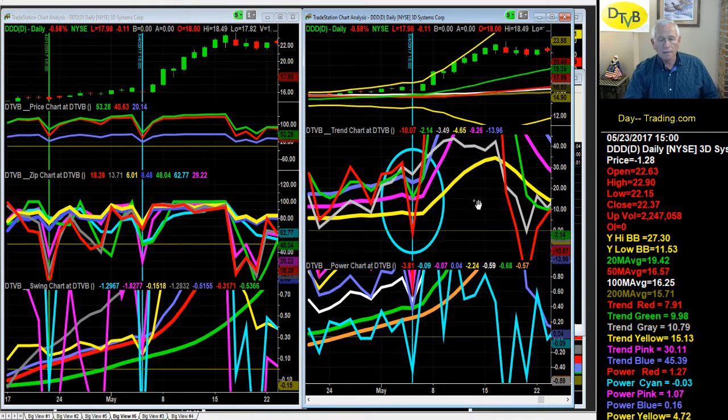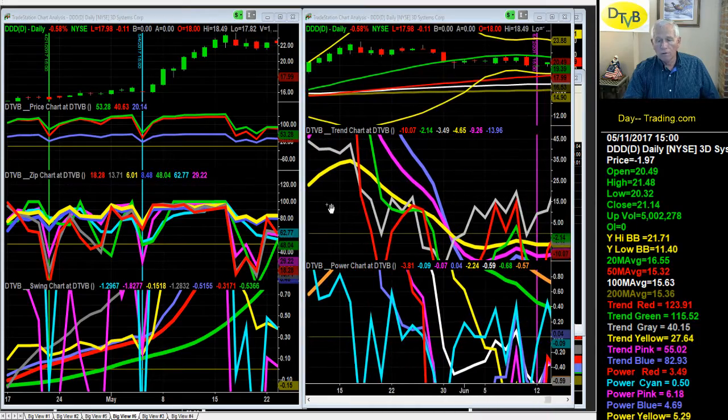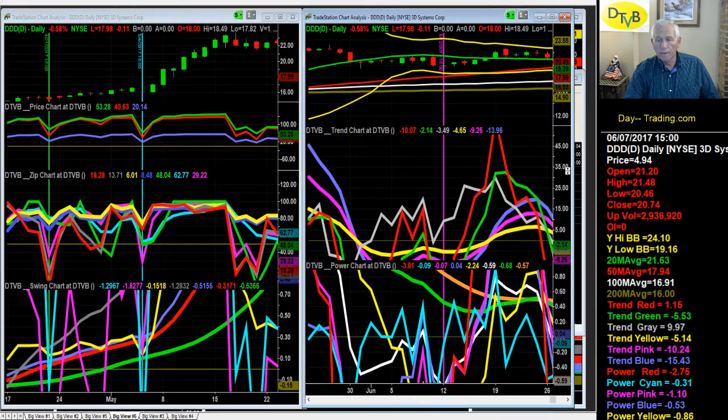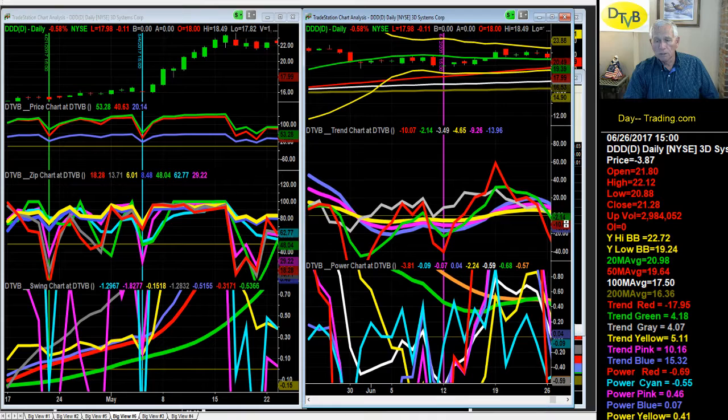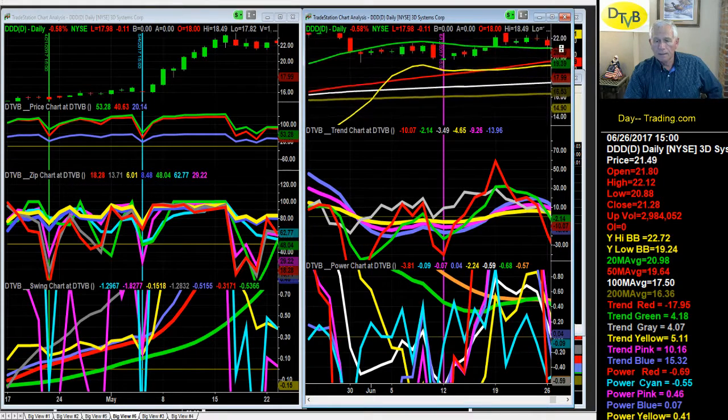on this chart. And I'm going to move it over a little bit and show you one other pattern. And I'm also going to show you a Sky Touch situation.